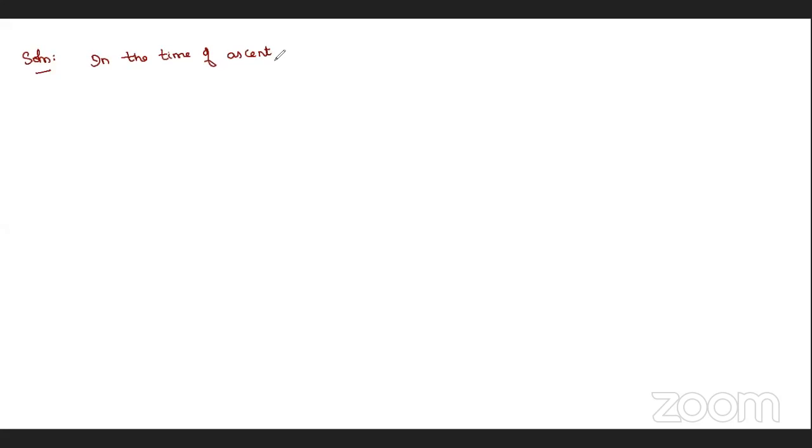Many times I revised, but he was telling that the time of ascent is equal to u sin theta by 2. The time of ascent, that is TA, is equal to u sin theta by g.